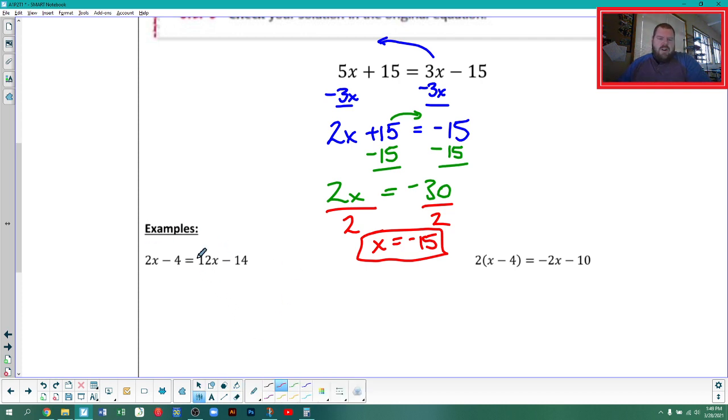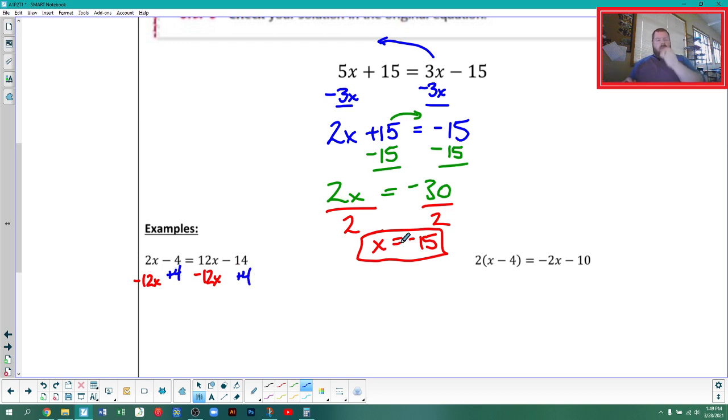So I'm going to move my variables to the same side. I really like moving my variables to the left side and my numbers to the right side. As you get better and better at this, you can do those at the same time. I can subtract 12x from both sides, and I can add 4 to both sides.